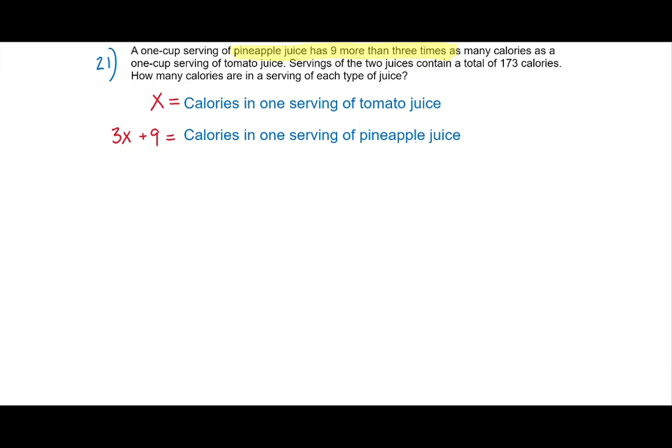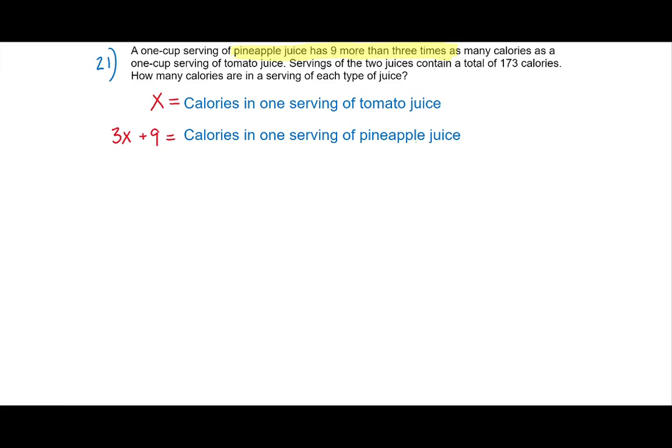We have 9 more than, meaning plus 9, 3 times as many calories as in the tomato juice. This is probably the hardest part of the problem, setting up your variables, or variable in this case, expressing these unknowns symbolically using mathematical notation.